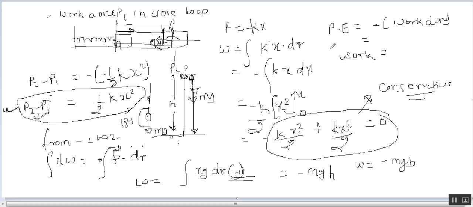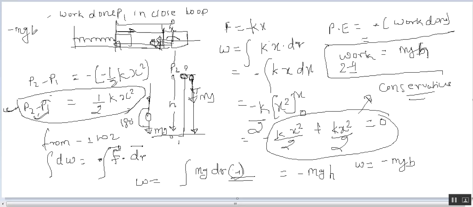Work done will be mgh, because the angle between them is 0, so work done becomes mgh. This is the work done from 2 to 1. So what is the net work done? Net work done will be minus mgh plus mgh. You should do it by yourself.